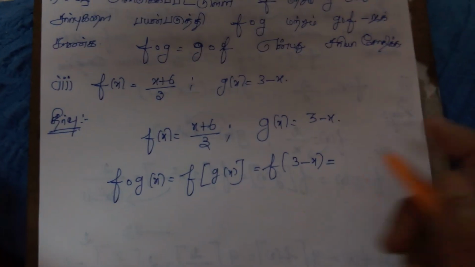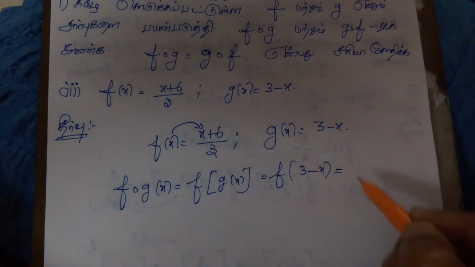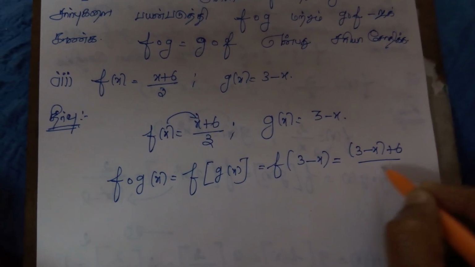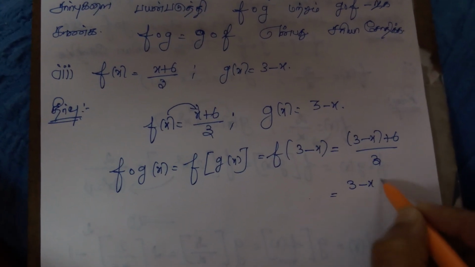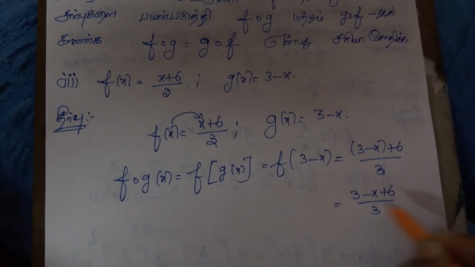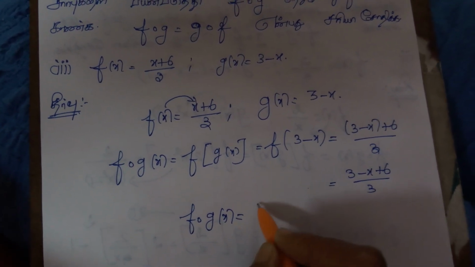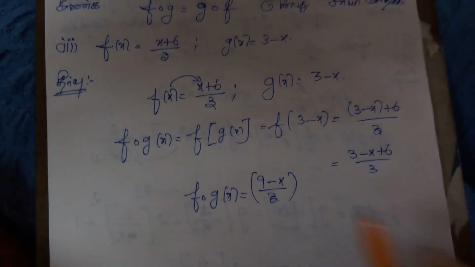So in f of x, wherever x is, what should we put? 3 minus x. So (3 minus x plus 6) divided by 3, that is f of g of x, which equals (9 minus x)/3.